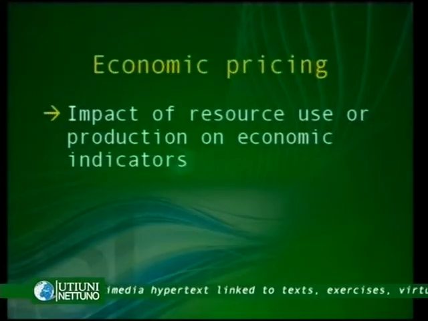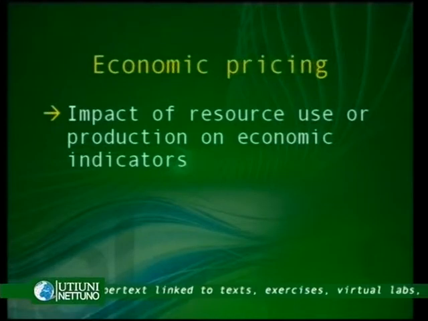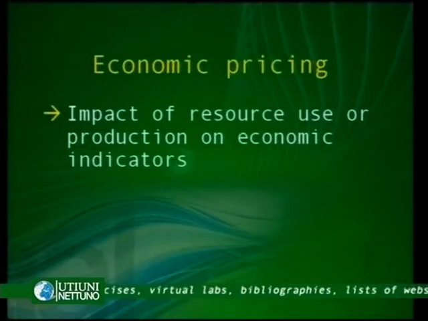So economic pricing is the objective of measuring the impact of resource use or production on economic indicators. In other words, we can say that economic values are measures of the impact of the use or production of resources on economic indicators.